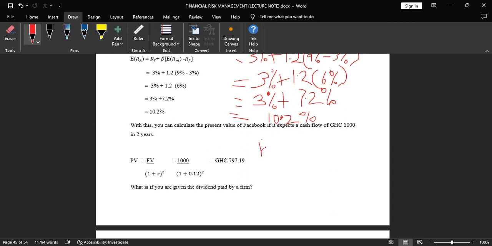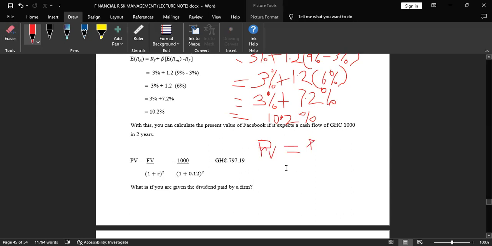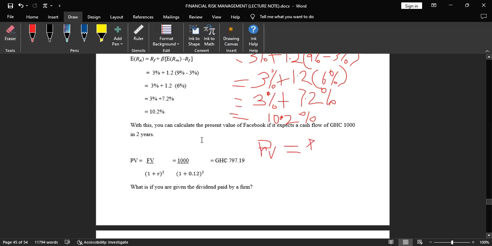We know the present value formula is future value over the discounting factor.